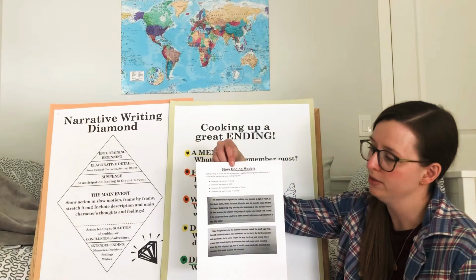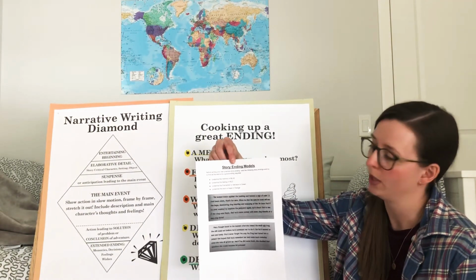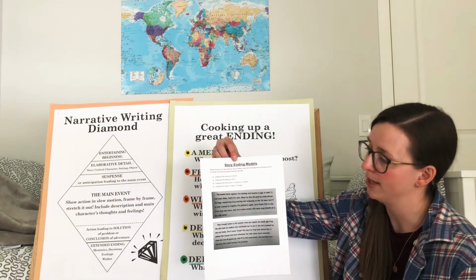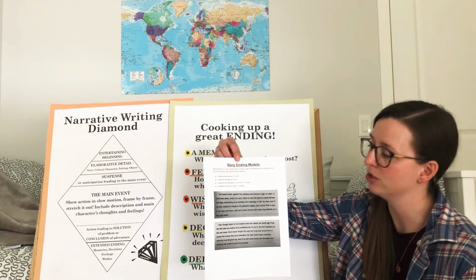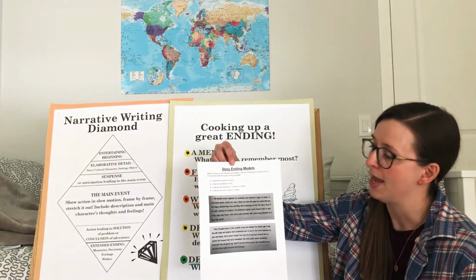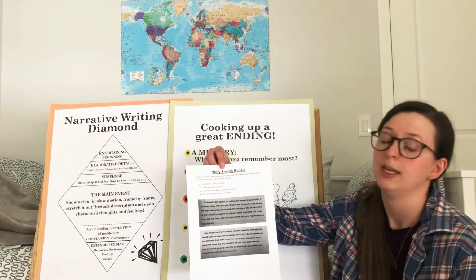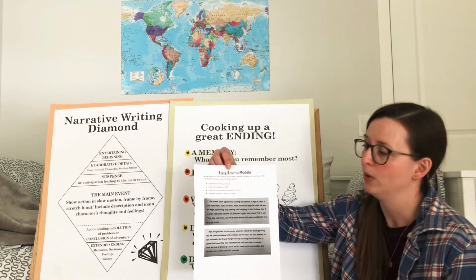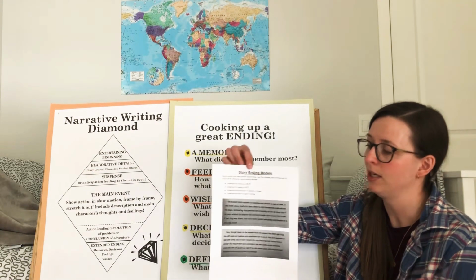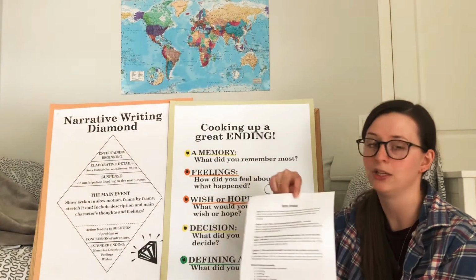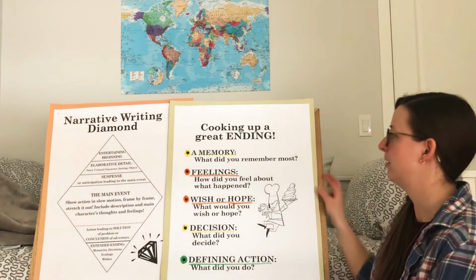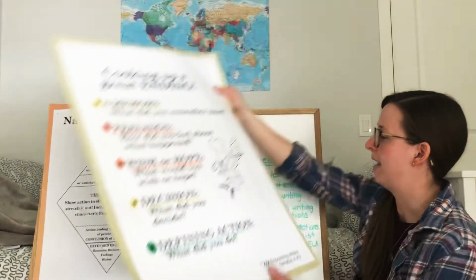You want to underline the memory in blue. You want to underline the feeling in red. You can underline the final action or decision in green. And you can underline the wish or hope in orange. Once you've done that, then you can take a look at the second page in your handout, and that's where you can begin writing your ending.